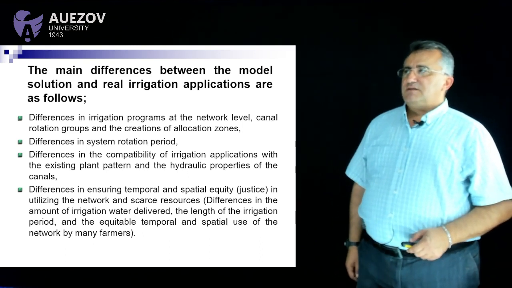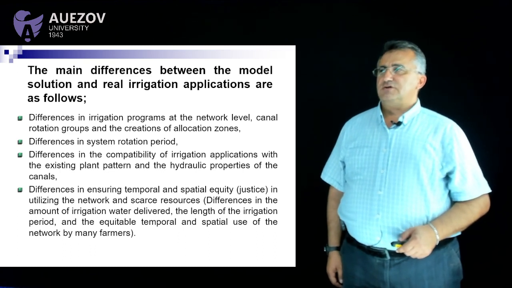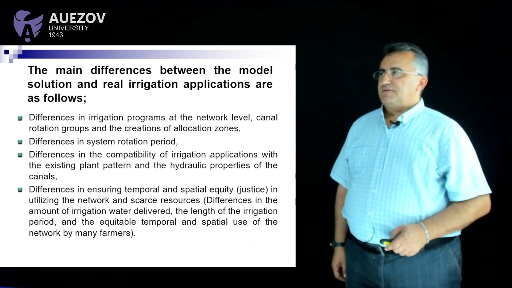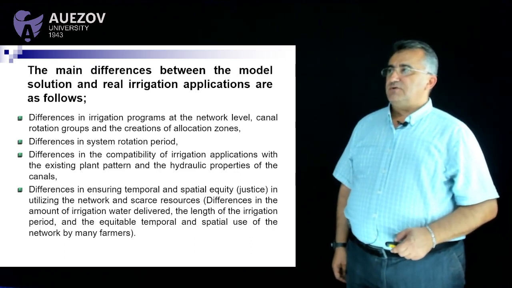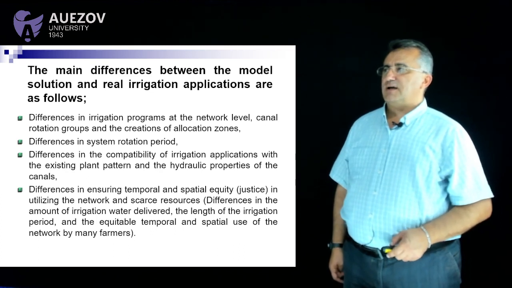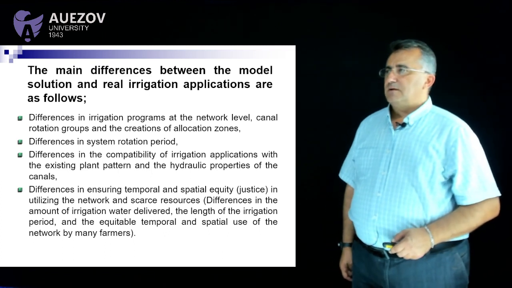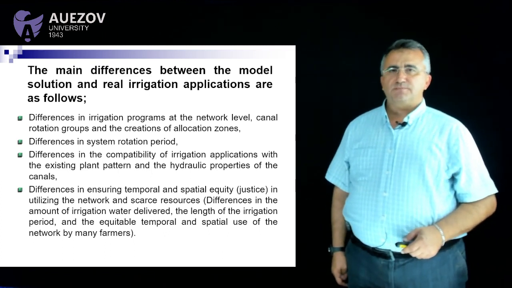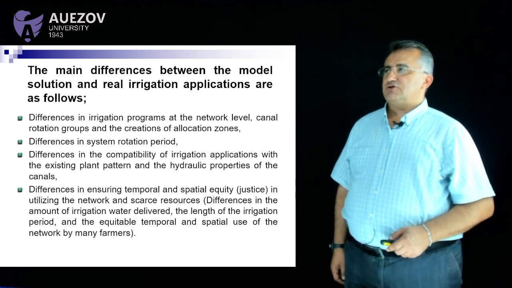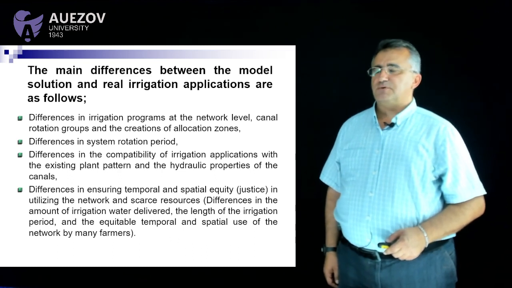The main differences between the model solution and real irrigation applications are as follows. Differences in drip irrigation programs at the network level, canal rotation groups, and the creation of allocation zones. Differences in system rotation period. Differences in the compatibility of irrigation applications with the existing plant pattern and the hydraulic properties of the canals.